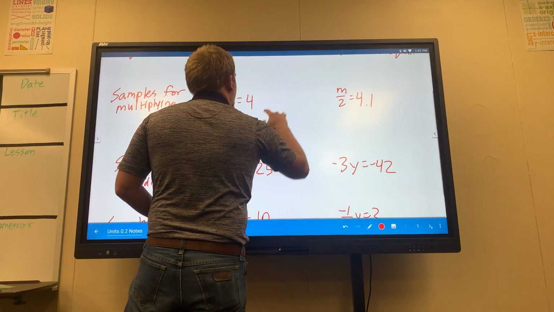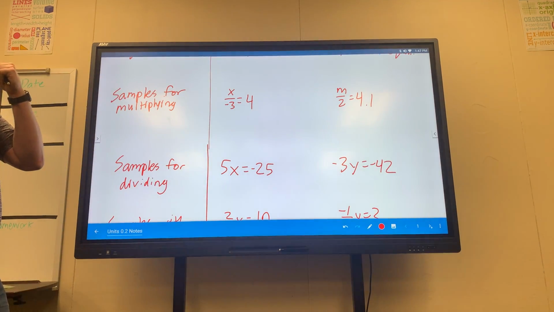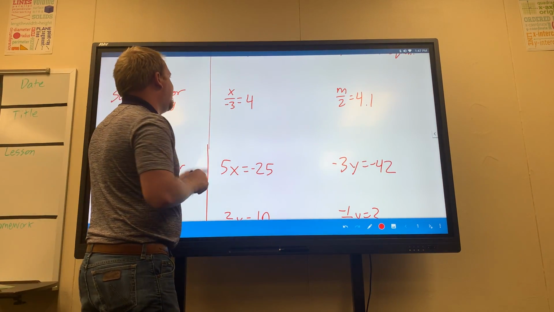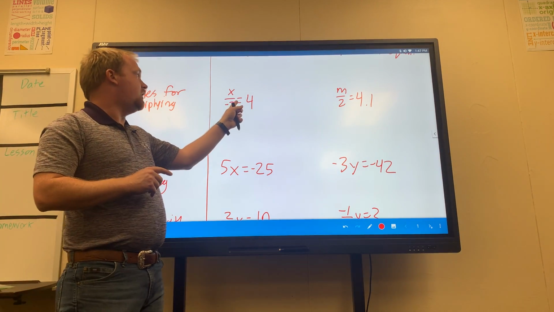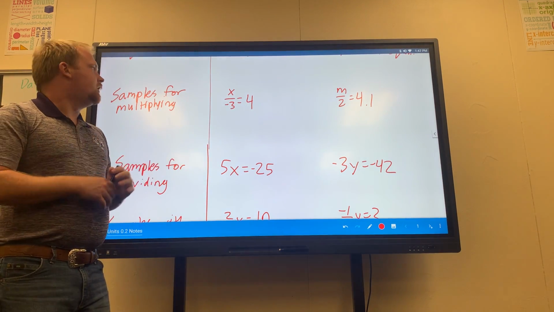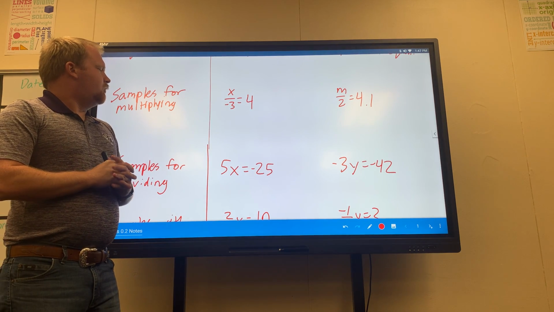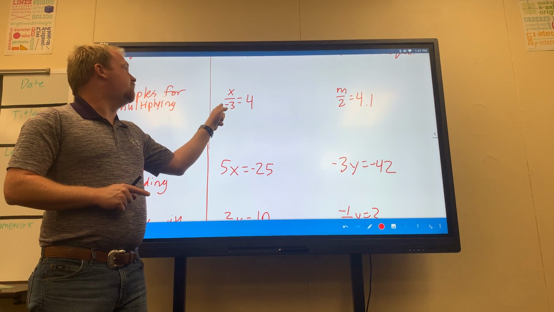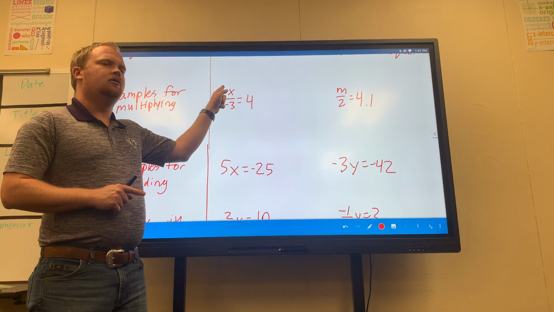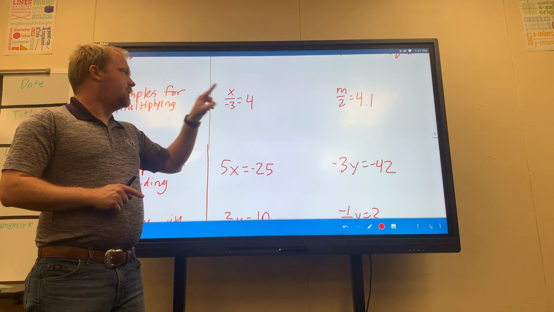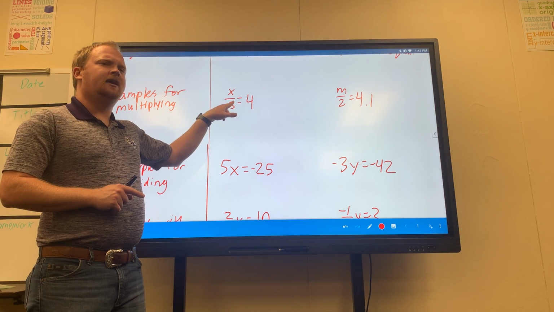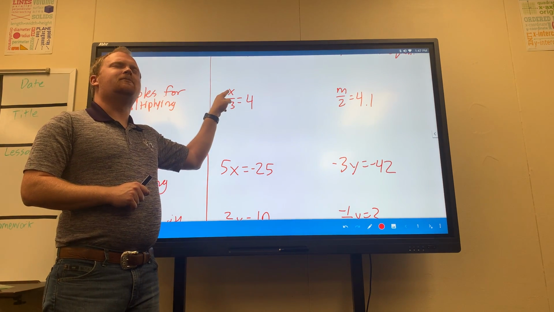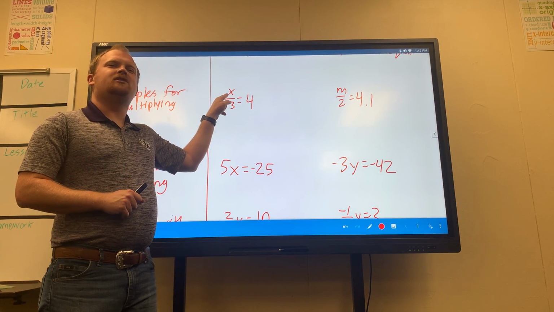But first, I want to go over examples where we have to multiply both sides. Look at this first example: x divided by -3 equals +4. One thing to keep in mind is that there is a negative here, but I can easily put the negative in front of the x. It works out both ways, but I'm just going to leave it at -3 for right now. When I solve for the variable, I want to make sure that I don't just have the variable by itself, but that it's positive.